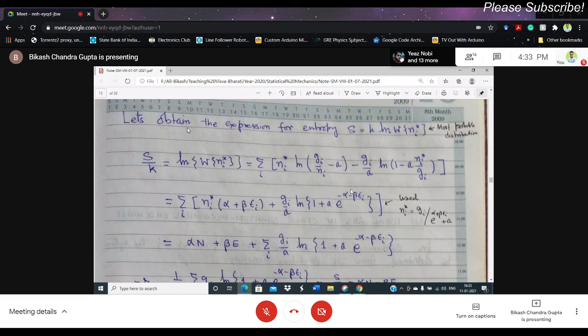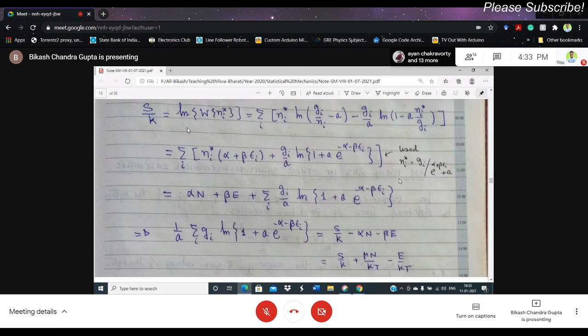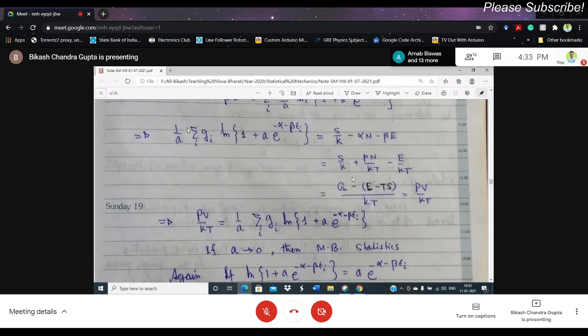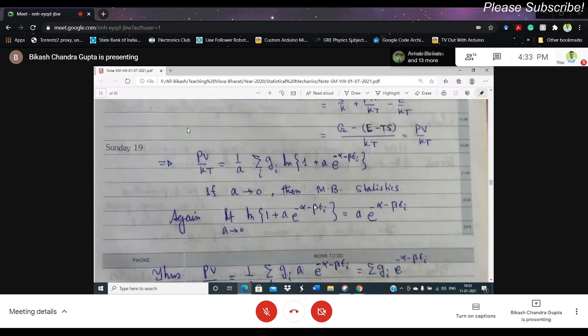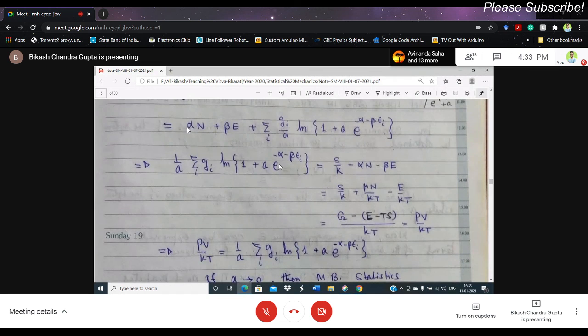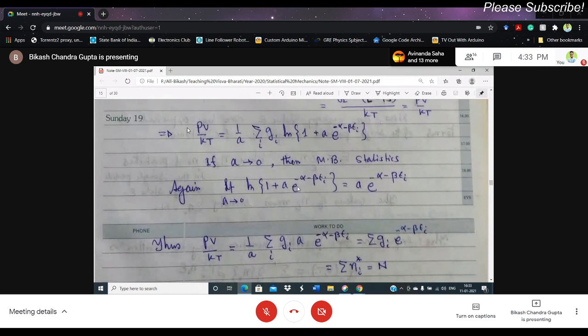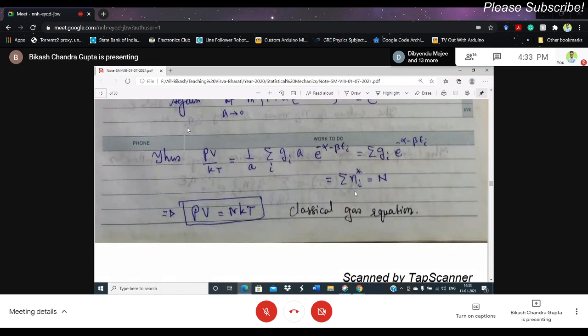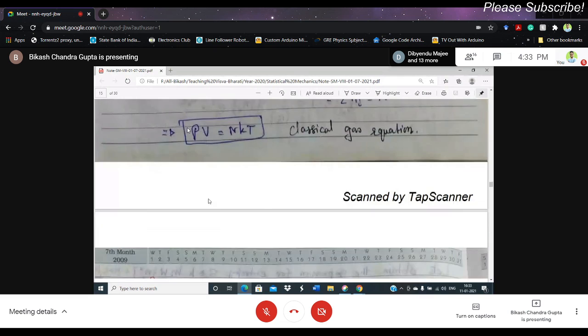Of course, you use this Ni star by Gi, and eventually you find that it can be written as PV by kT equals this. Using Maxwell-Boltzmann statistics, a tends to 0, and it turns out to be the sum over n star, which equals N. PV equals N kT.